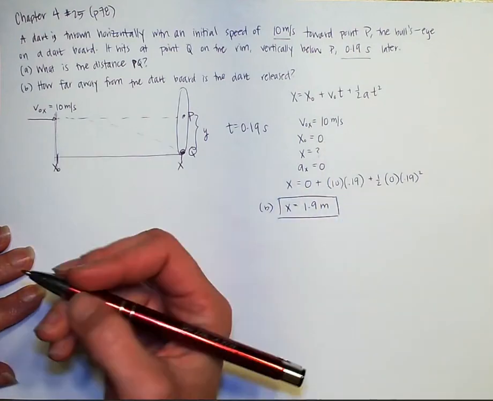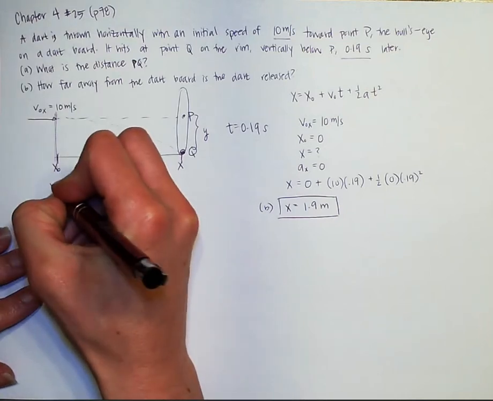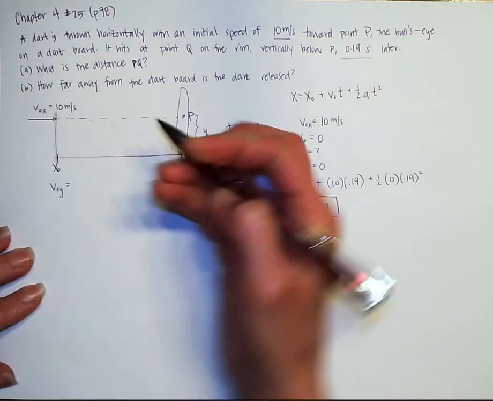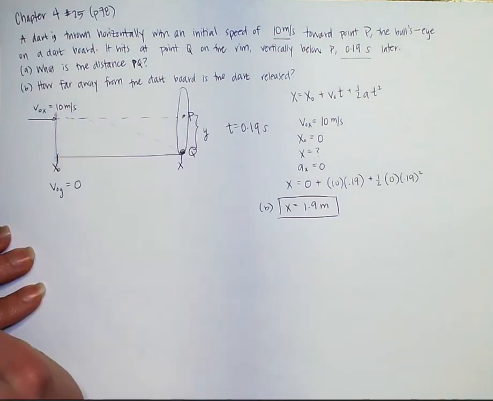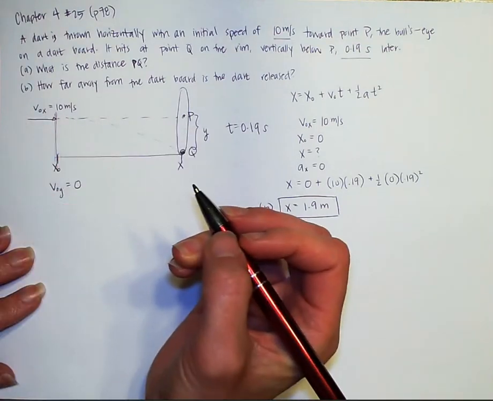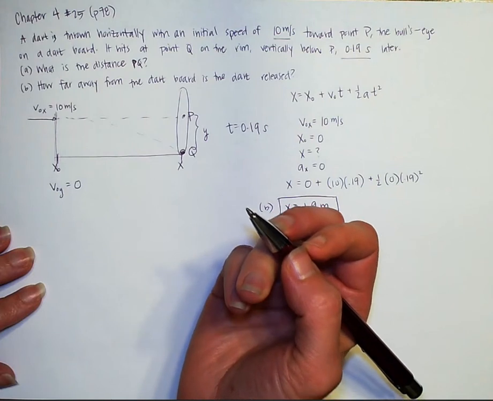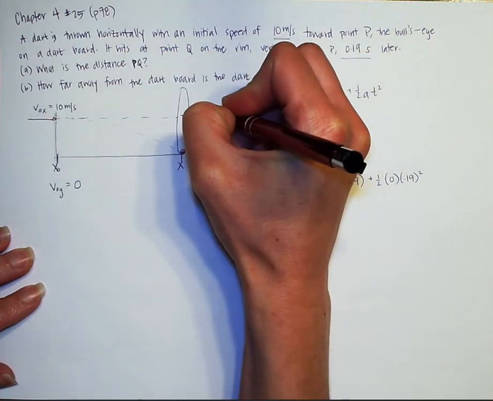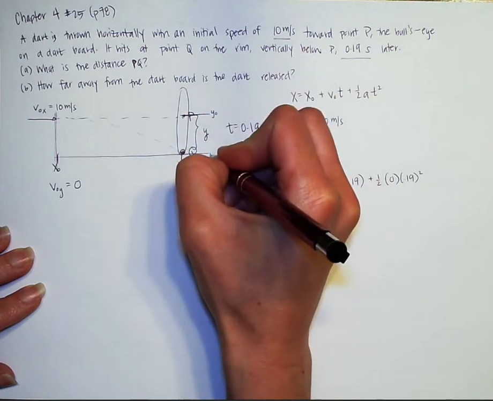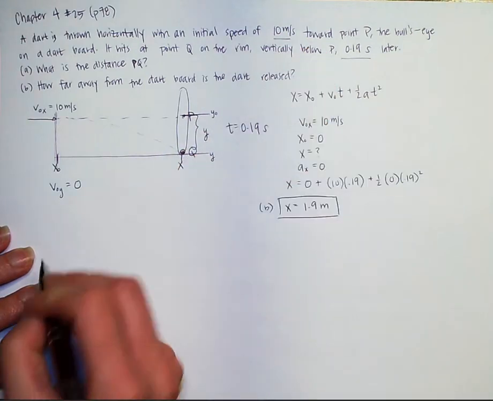So now over here, I'm going to write down what we know in the y direction. Initial velocity in the y direction equals 0 because it's completely horizontal to begin with. I'm going to call this location y naught, and here will be my final y. And so we'll solve like that.